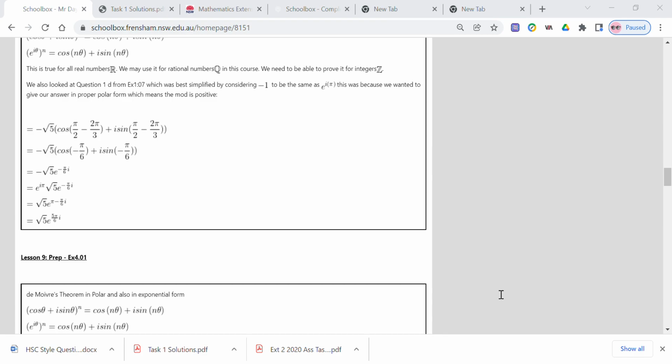1 on i is not the same as going, oh, let's go 1 on root minus 1, and now let's simplify that by multiplying the top and bottom by root minus 1. Because the top ends up root minus 1, but the bottom, if you go root of minus 1 times root of minus 1, that'd be 1. True? So you end up with i, but 1 on i doesn't equal i.